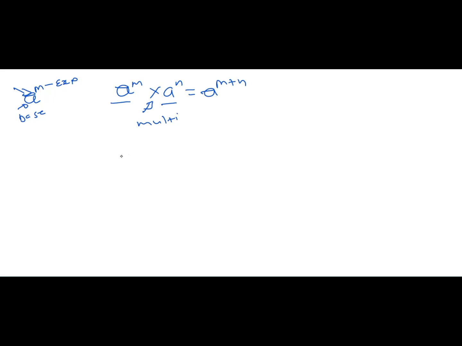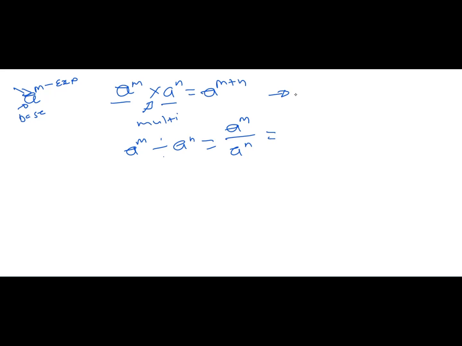If let's say we have a to the power m divided by a to the power n, remember, this is the same as a to the power m over a to the power n. Remember this: when we deal with simplify, we talk about when we take things into a short term.